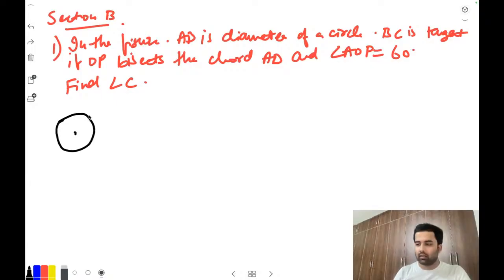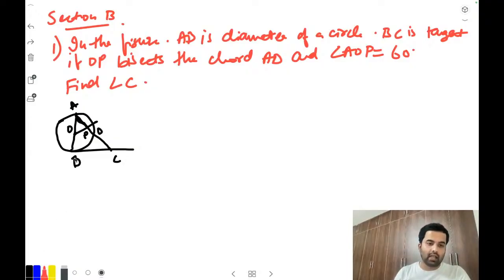Circle is given, and here we are having this diameter. Okay, AB diameter is given. Next thing is this is our tangent BC. Okay, and the line will come like this. Check this out. The question is this. Let me make a mark. This is a P point, this is D point.